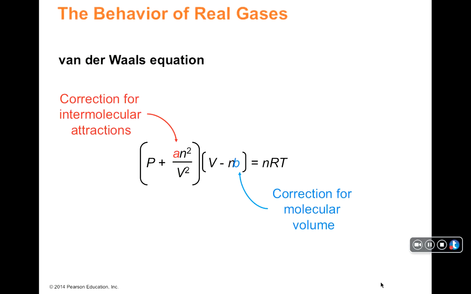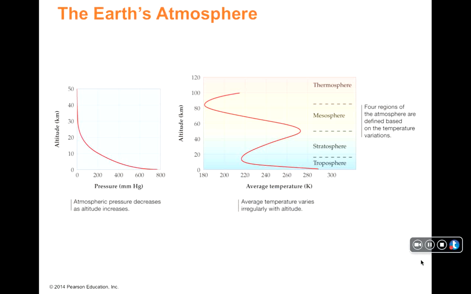This resolves the behavior of real gases into a new formula. Again, I'm not going to ask that you use this formula, but just that you're aware that it does exist and why.